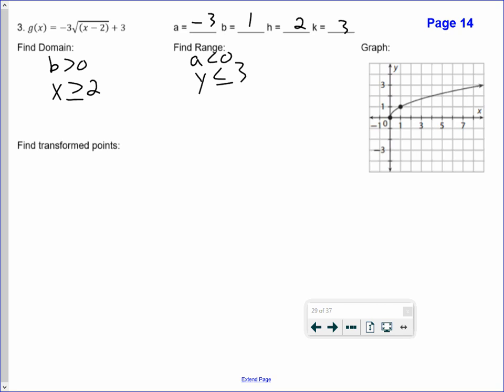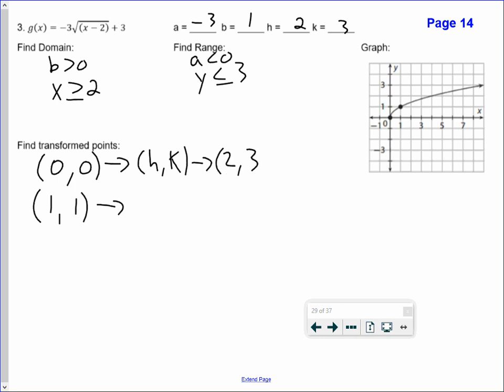Now we're going to find our transform points. We're going to use our 2 reference points we talked about before, 0, 0 and 1, 1. For 0, 0, it comes from HK. Our h is 2 and our k is 3. So that's 1 transform point.